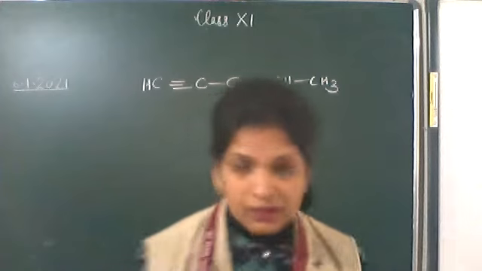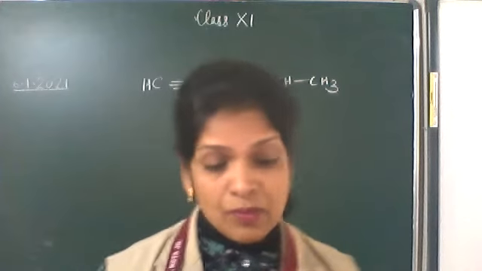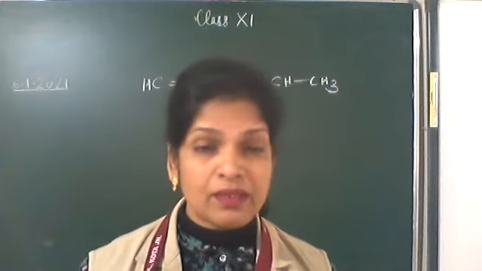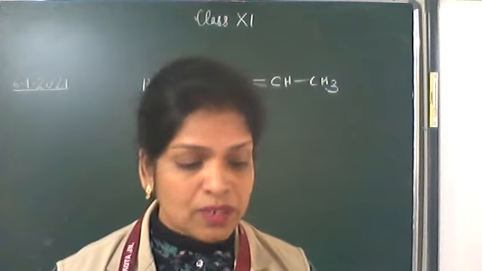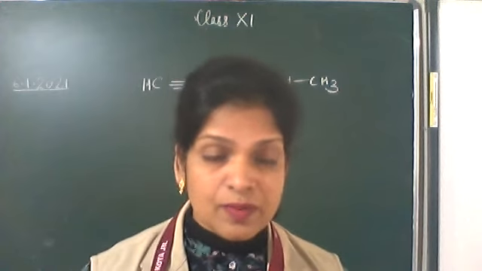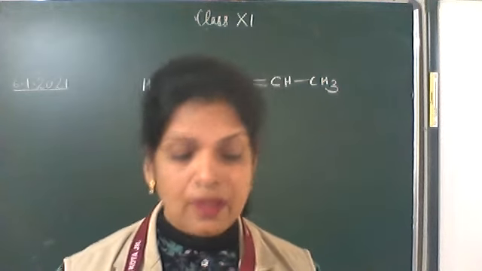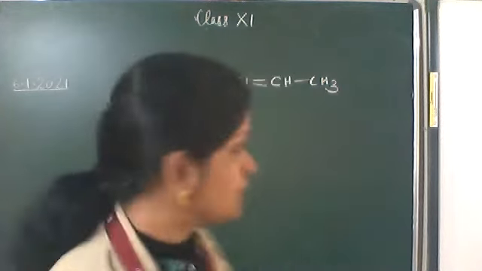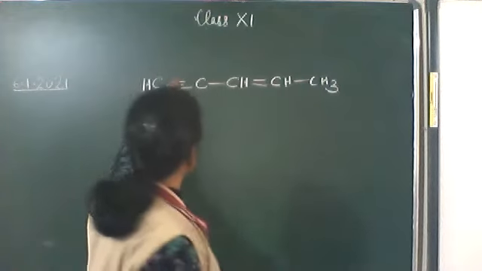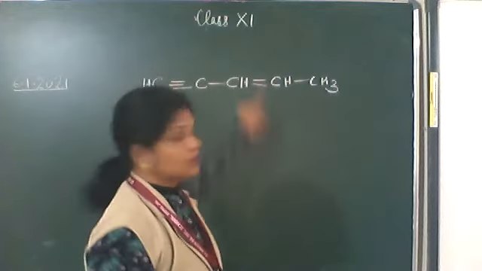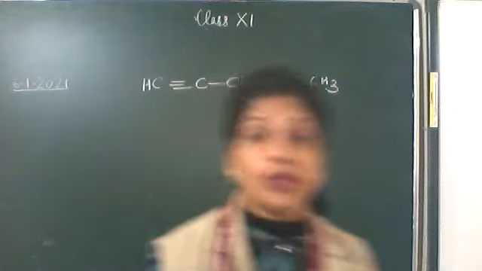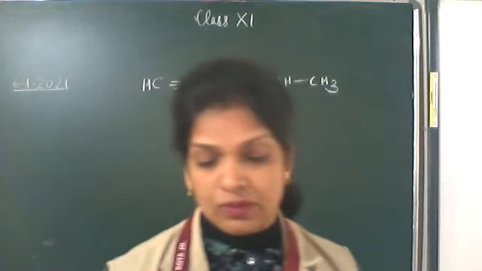So there are 10 sigma bonds. Among that, CC sigma bonds are 4 and CH sigma bonds are 6. How many pi bonds are there? 1, 2, 3. There are 3 pi bonds.